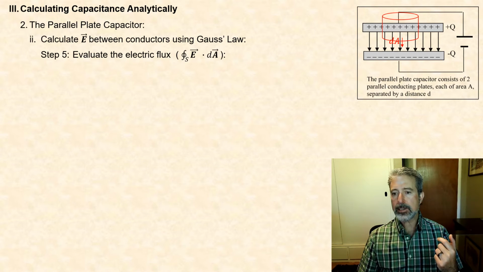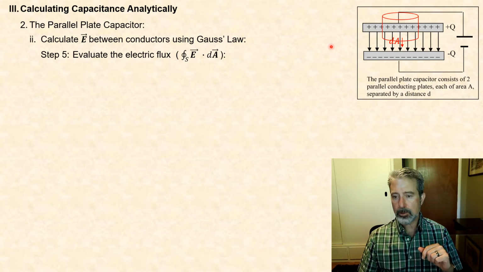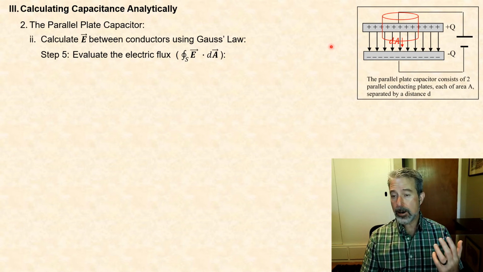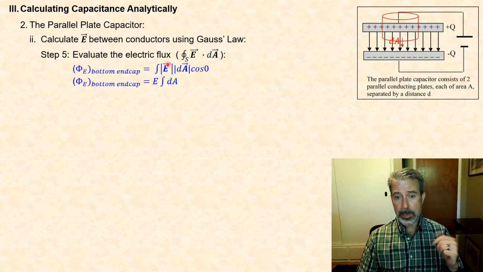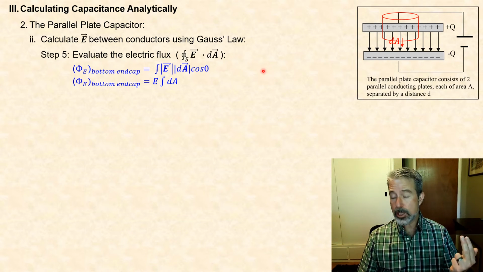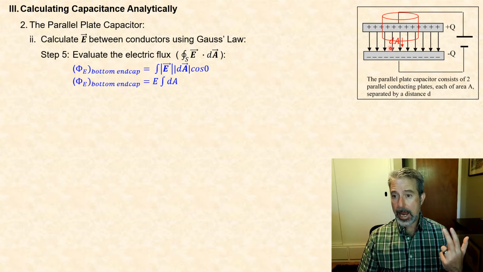Notice here that the direction of dA is the same as the direction of the field itself. So we see that from our definition of electric flux, we take the magnitude of the electric field, the magnitude of the vector dA times the cosine of the angle between them, which we said is 0 degrees. And as is always the case, the electric field will be constant over any piece of the correctly chosen Gaussian surface.